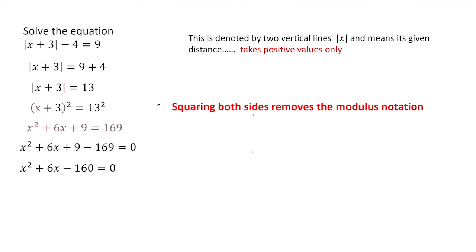So our factors of 160, which gives us 6, is 16 times 10. So our factors are x plus 16 and x minus 10. And solving for our value of x, we have x is equal to minus 16 and x is equal to 10. So here you can see that we're getting the same answer as our previous method.